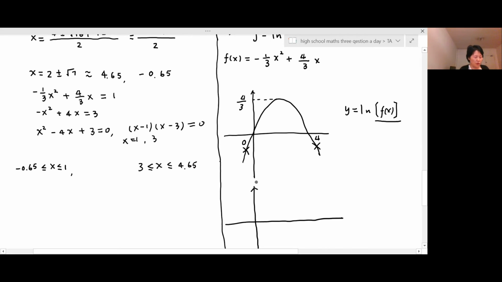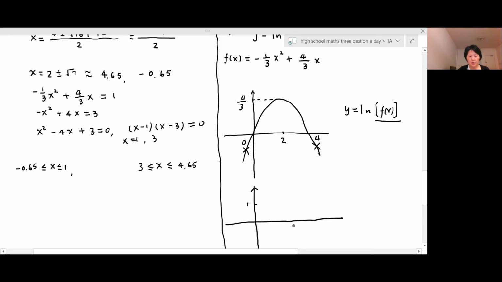So log of 4 over 3, and the maximum point is 0.28, 0.29. If this is 1, then this is 2 here.